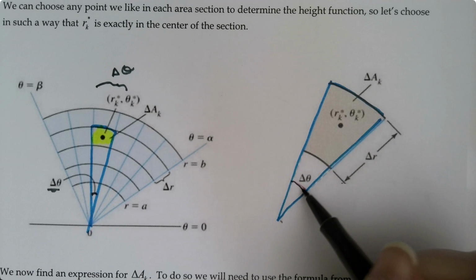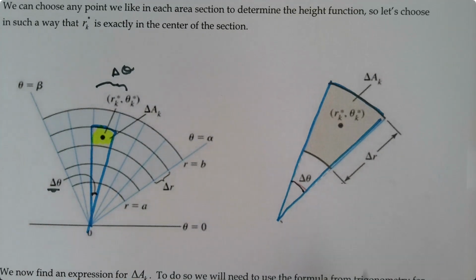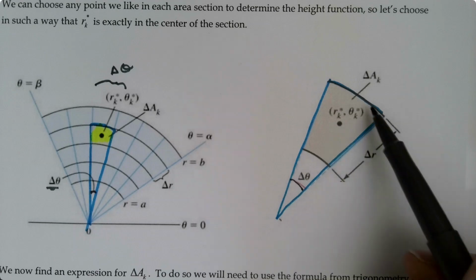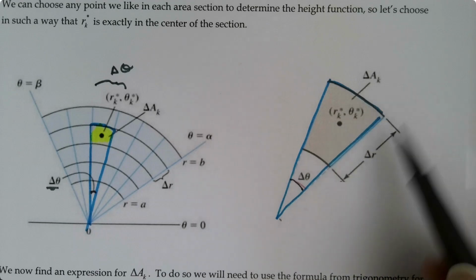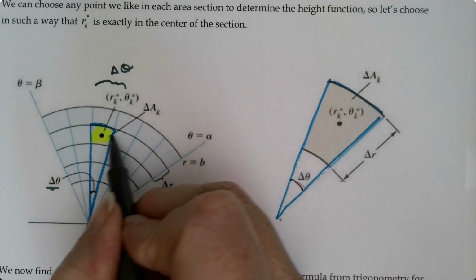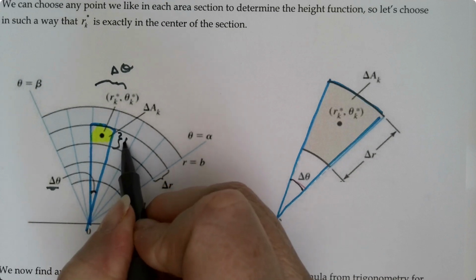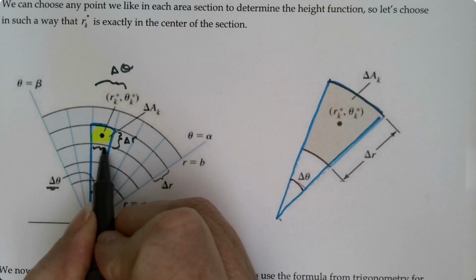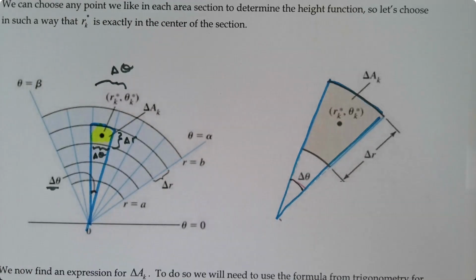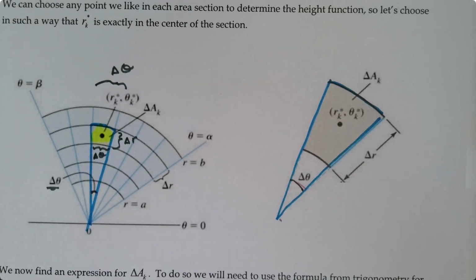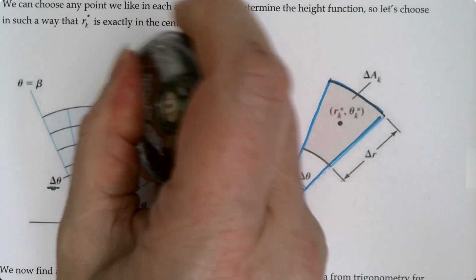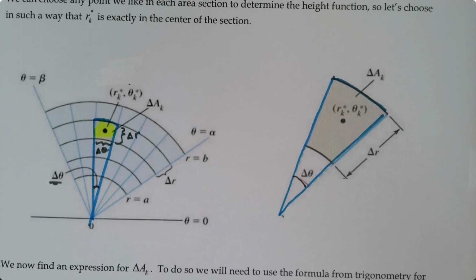Either way, that's your change in your angle. But then we also have a change in the radiuses, so that's delta r. This little piece right here is the change in your radius. This little piece right here is the change in your theta, if you want to think of it that way. Okay, so then how do we find the area?